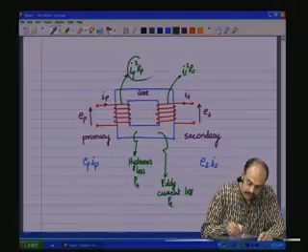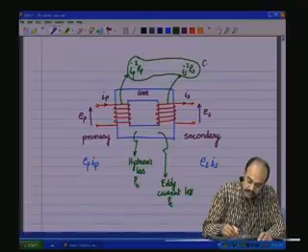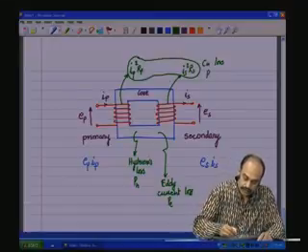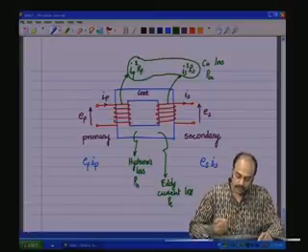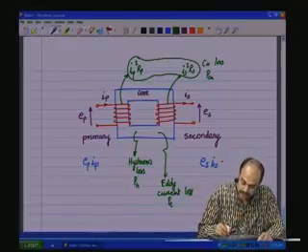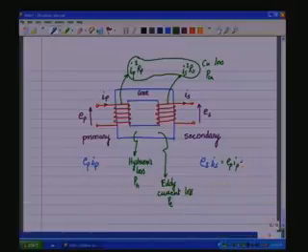Now, this occurs in the copper, and that is called the copper loss, PCU. So, what occurs at the secondary, ES IS, will be the primary power minus these losses, which would be PH, PE and PCU.